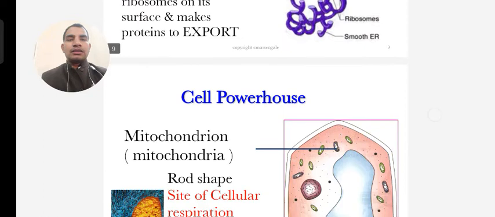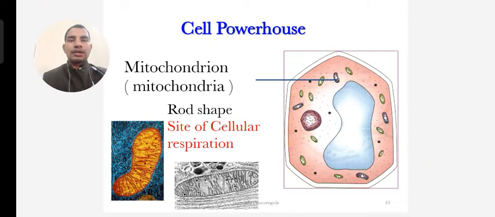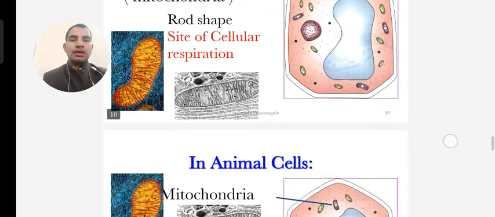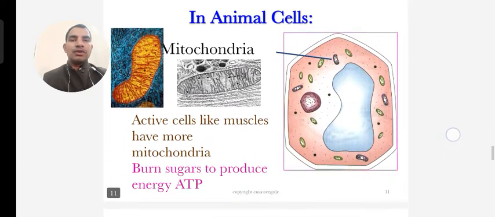Next is another very important part of the cell, called the powerhouse of the cell, known as the mitochondria. They are rod-shaped or other shapes.